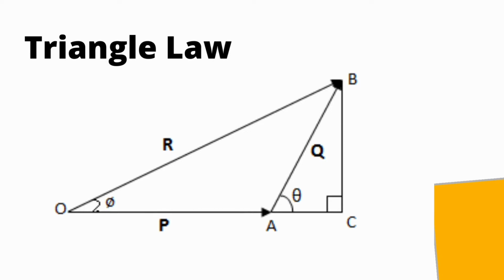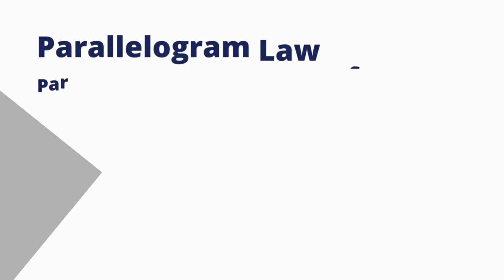The resultant vector in this case is R. Resultant vector is the vector sum of two or more vectors. And in this diagram, we only have two vectors, which is vector P plus vector Q.